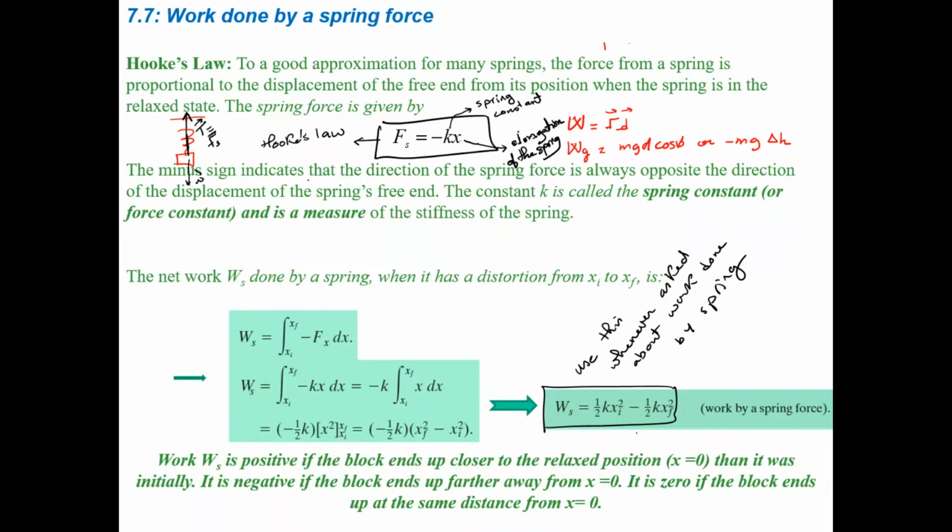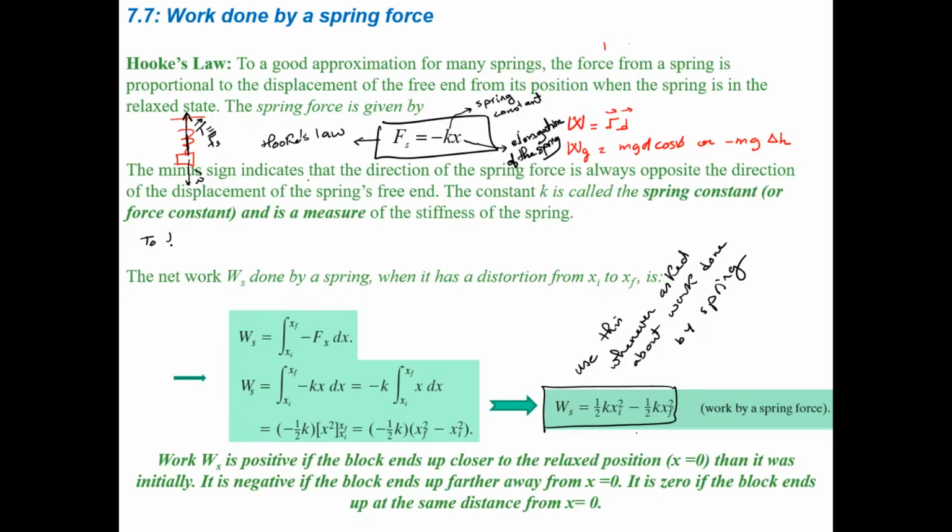Now, we are interested in finding the work done by this spring. I defined for you the formula for the work done to be F dot D, right? The scalar product of the force and the displacement. But in this particular case, we will not be able to use this formula for the work done by the spring.